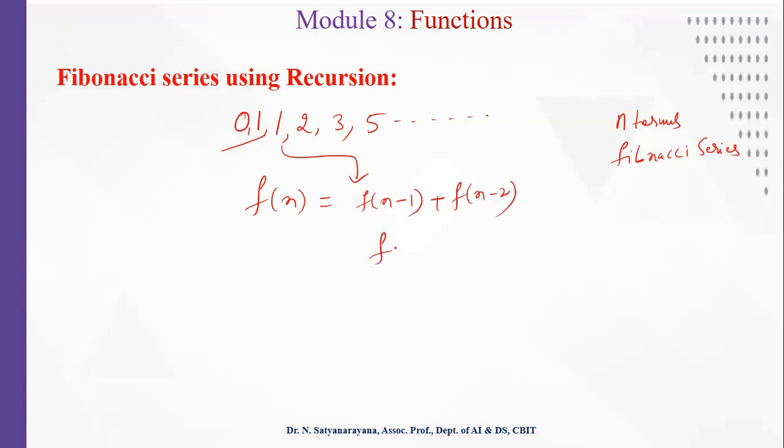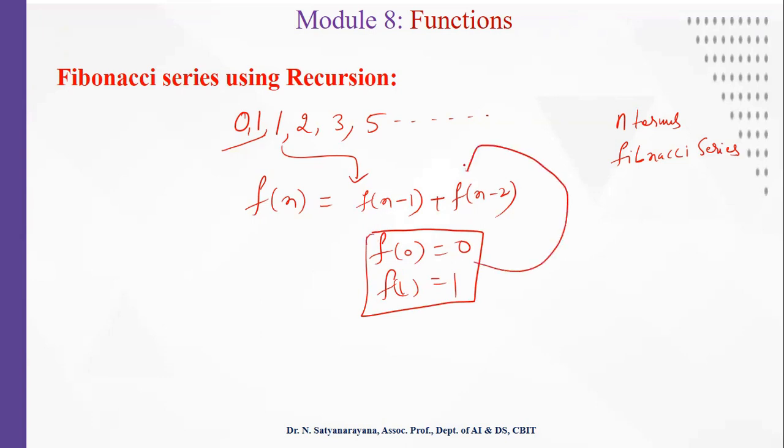What is the base case? The base case is f of 0 is equal to 0, and then f of 1 is equal to 1. So these are the base cases which will stop the recursion, and otherwise the recursive approach will be using this logic to solve the given problem. So I want to print n terms in the Fibonacci series. How do I do that?